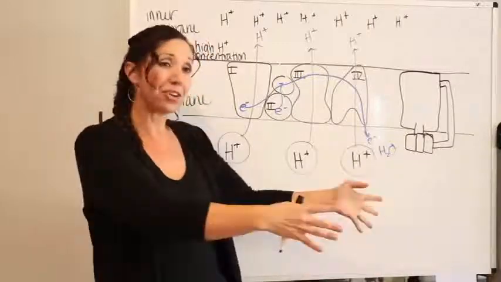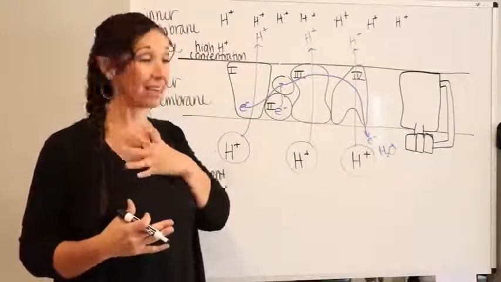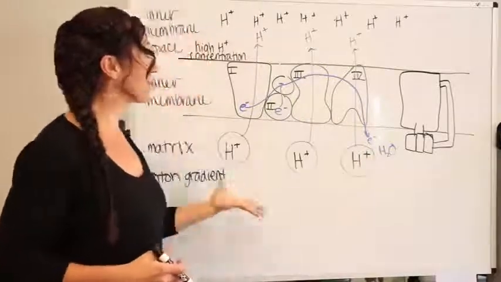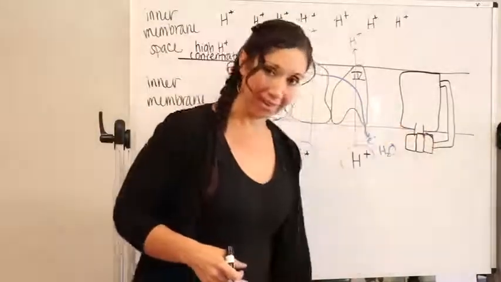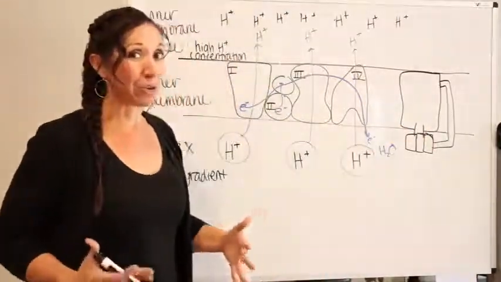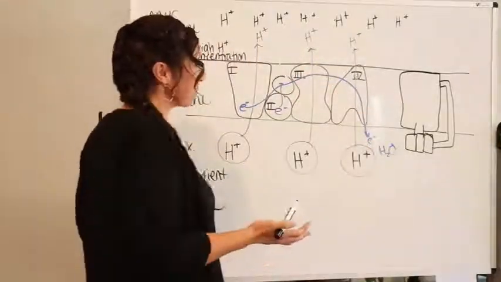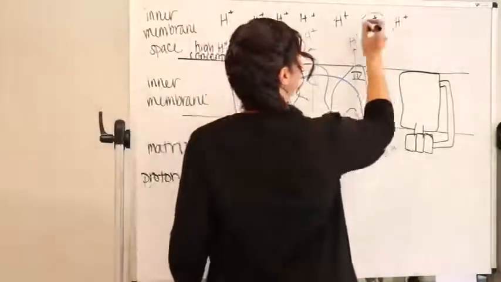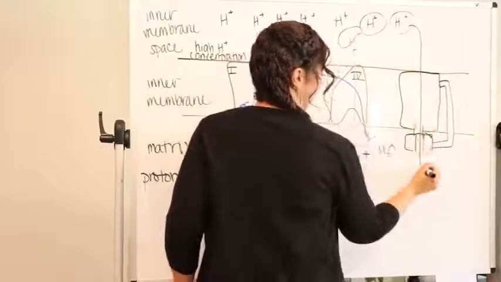It's constantly doing this dance all day long as you're breathing in oxygen, so these electrons can go through, protons can get propelled, and then go back down again. That's kind of the reason you're breathing right now, so this process can happen. It's beautiful. So all of these protons eventually are just going to line up and they're going to go down ATP synthase.